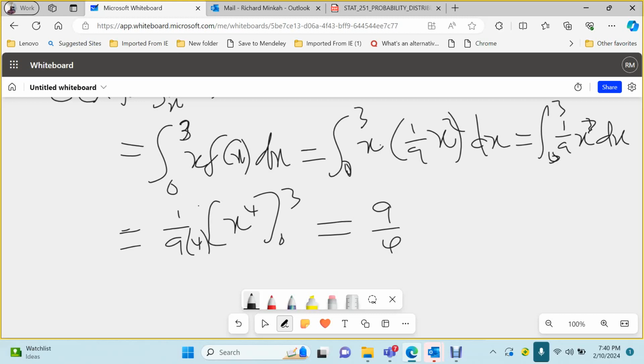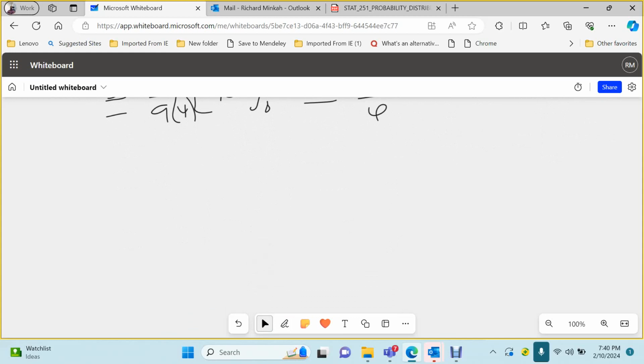Because when you integrate a constant, you get 0. When you integrate a constant, what do you get? You get that constant, but the reasoning is all right. So let's look at properties.